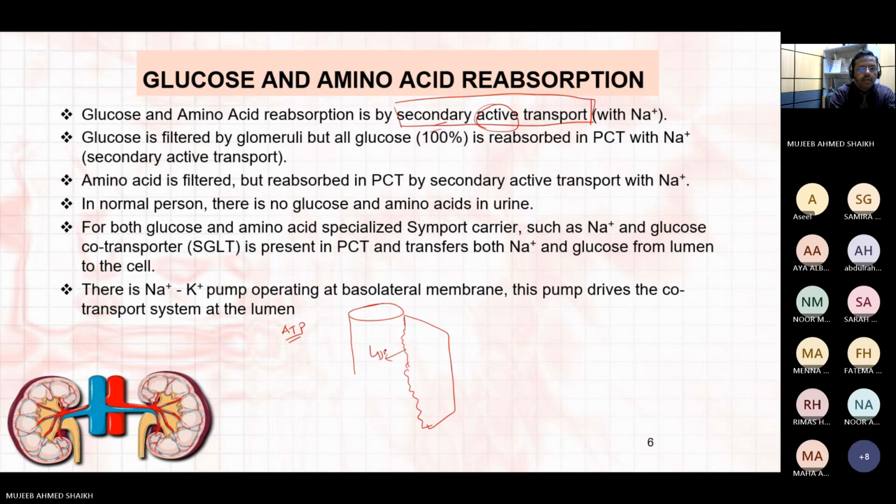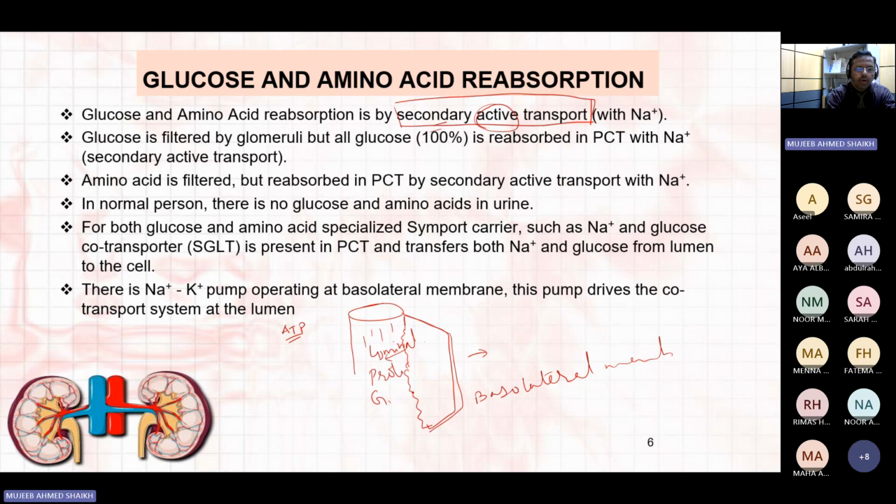This is the luminal border. One is facing outside, or in the interstitium. This border is known as the basolateral membrane. Basolateral membrane. So let's say proteins or glucose are here as they are filtered.